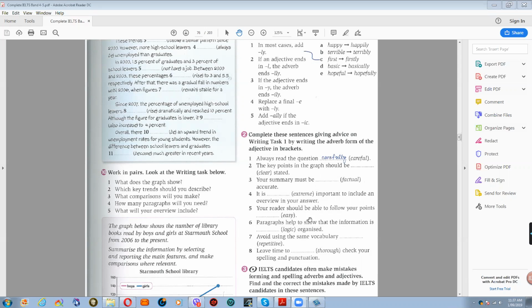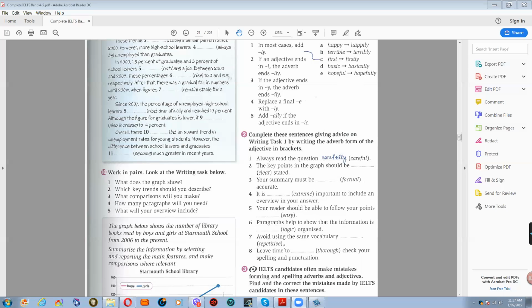Yeah, rule number 4. Number 5. Your reader should be able to follow your points easily. Rule number 1. Nope. Number 3.